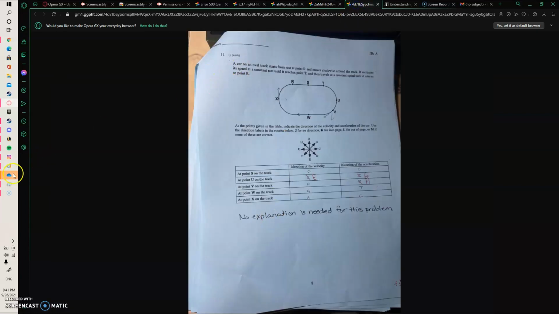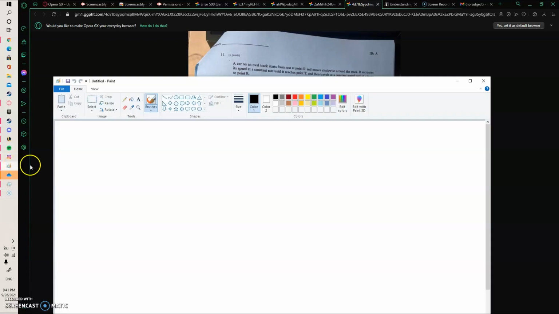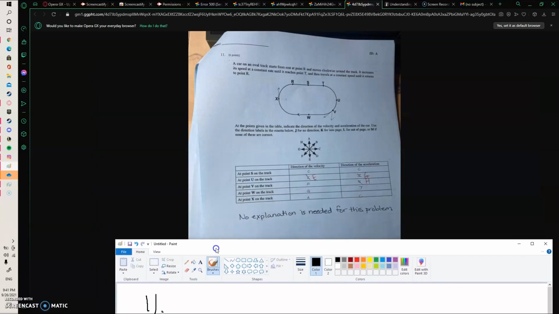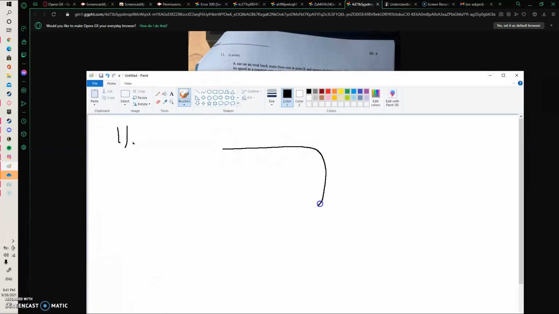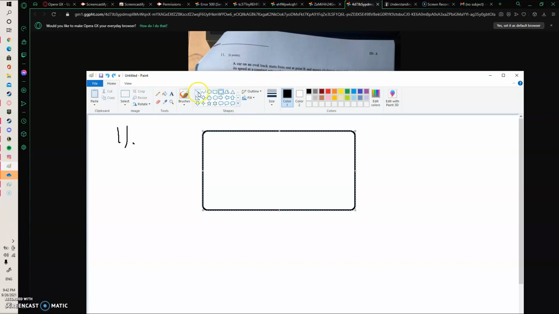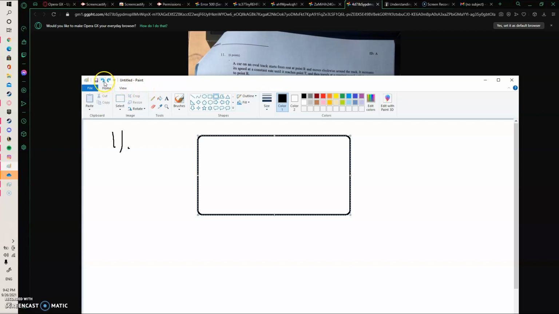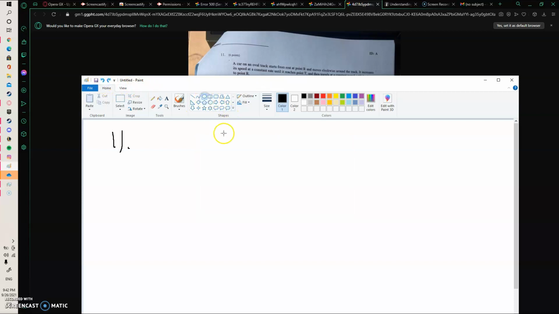Now the last question that I need to revise is question 11. It basically gives us this track, and sorry, I'll draw it better. Yeah, it gives us this track, and it's something like this.